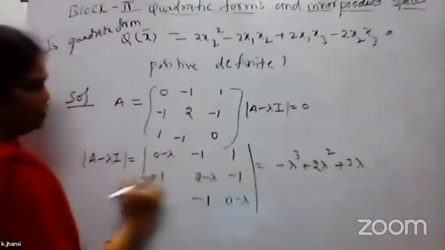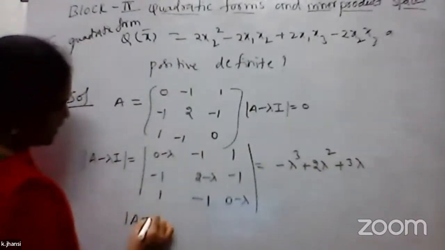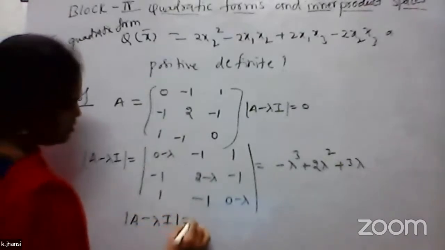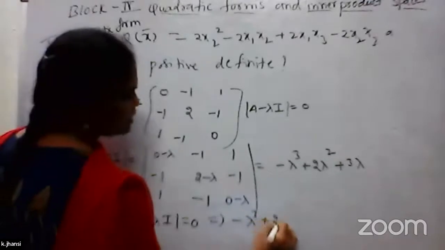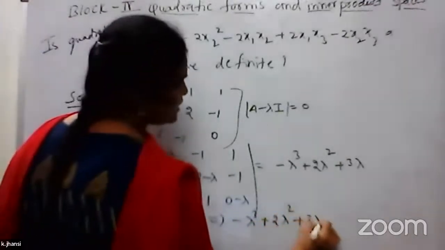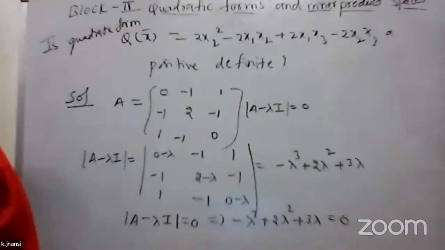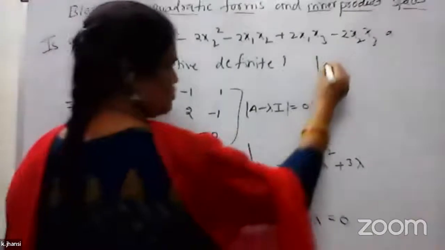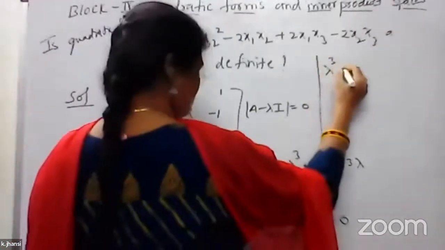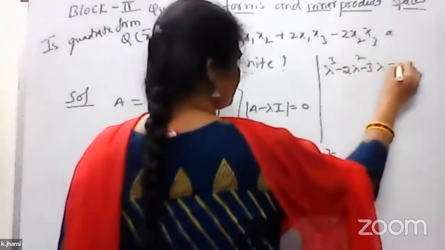To satisfy the characteristic equation, this equals 0, which implies minus lambda cube plus 2 lambda square plus 3 lambda equals 0. If you simplify this and take the minus out, lambda cube minus 2 lambda square minus 3 lambda equals 0.